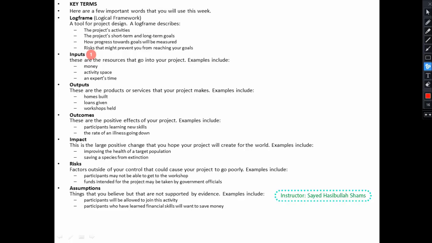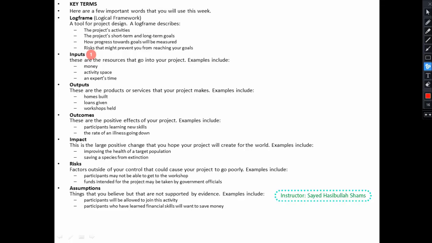Output: these are the product or the service that our project makes. For example, here we have home belts, loans given, workshop held.